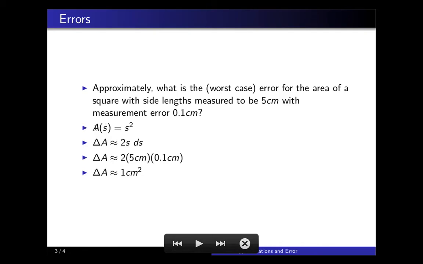Area as a function of the side length is just s squared. So from that expression, the worst case change in the area is approximately twice the side length times the change in the side length, which is twice 5 centimeters times 0.1 centimeters, or 1 square centimeter.